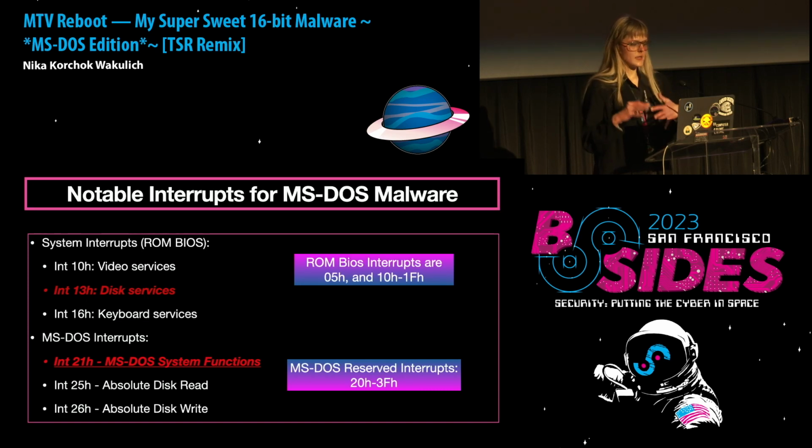Again, this list is not exhaustive, but I've highlighted a notable interrupt in each of those categories. Of the ROM BIOS interrupts, interrupt 13 handled disk services, so that was a really common target for bootkits. And then int 21 was the bread and butter of MS-DOS. If you're analyzing MS-DOS malware, you're going to be seeing int 21 everywhere.